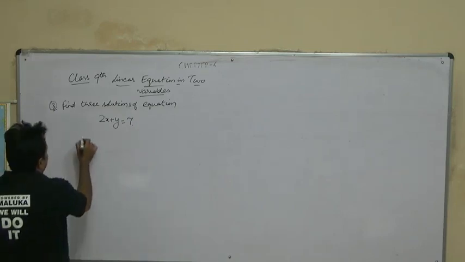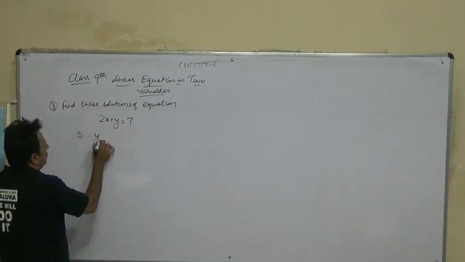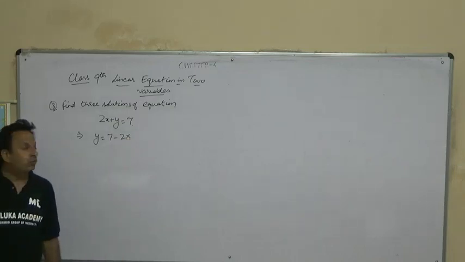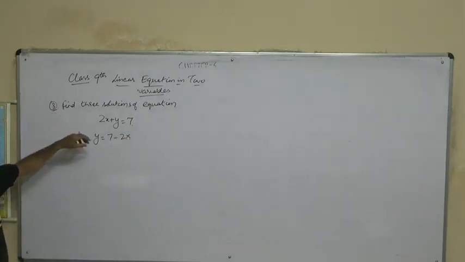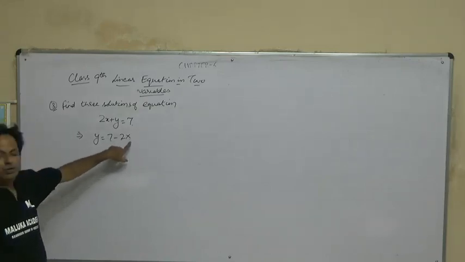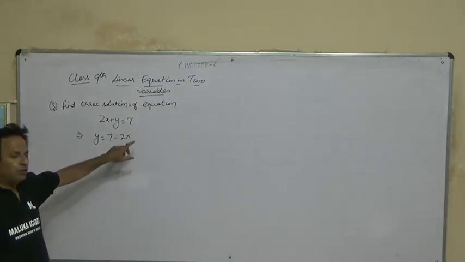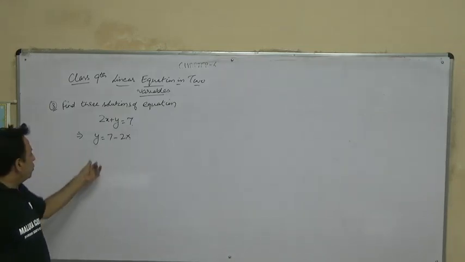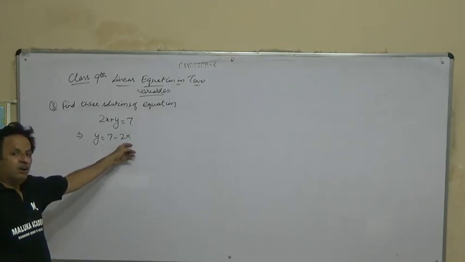So we can write it as y is equal to 7 minus 2x. To get three solutions for this equation, just put the values of x as 0, 1, 2, or any value, and we will get the corresponding values of y.